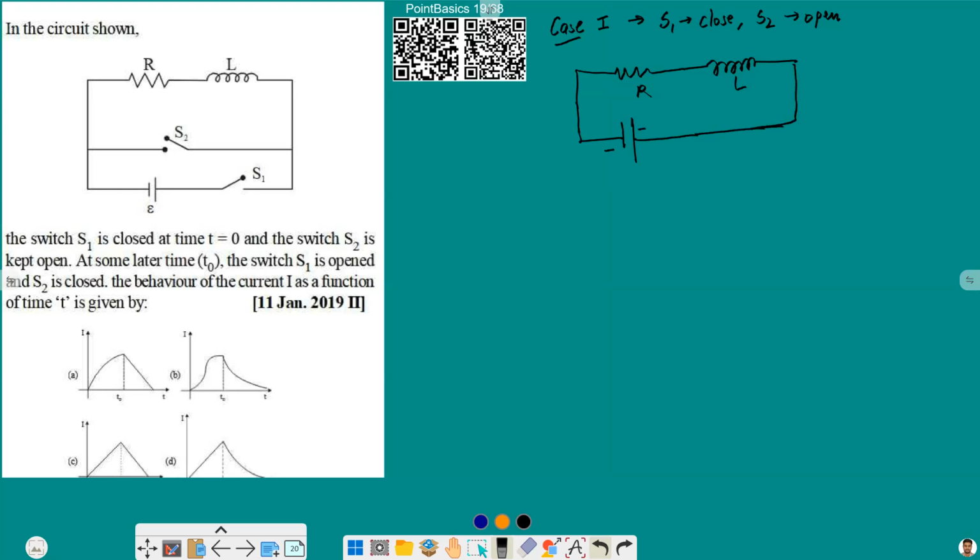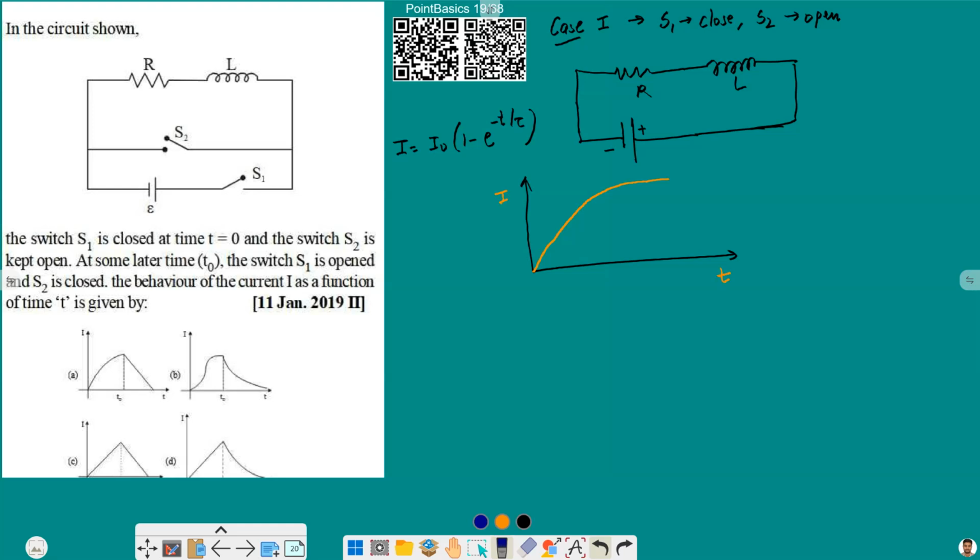In this circuit the inductor will charge slowly, and its charging equation is given by I is equal to I node into 1 minus e raised to power minus t by tau. If we plot its charging current, it slowly builds up and then reaches a saturation value. This is the charging part. Here we have current and here we have time.